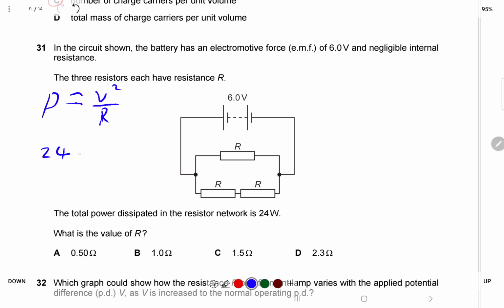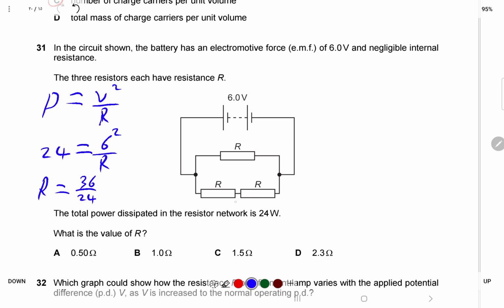So 24 is equal to 6 squared over R. If you rearrange it, you get R is equal to 36 over 24. Now that's the total resistance.